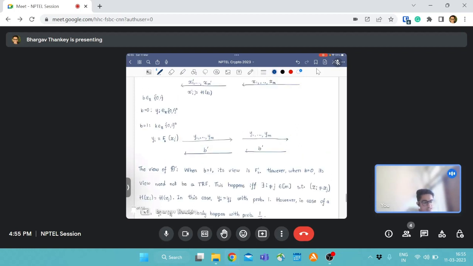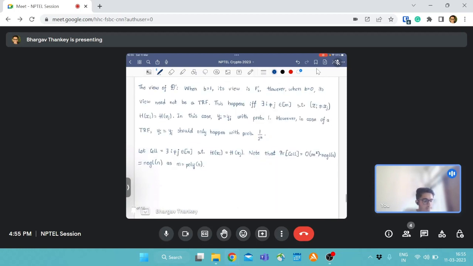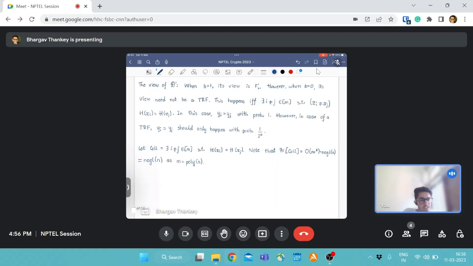Since P prime is PPT, it can only send at most polynomially many queries, so M is poly in n. And we know that when we multiply a polynomial function with a negligible function, we still get a negligible function. So the probability of collision is negligible. Okay, yeah.